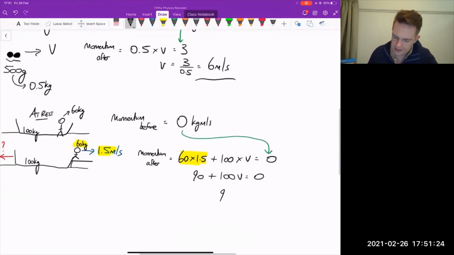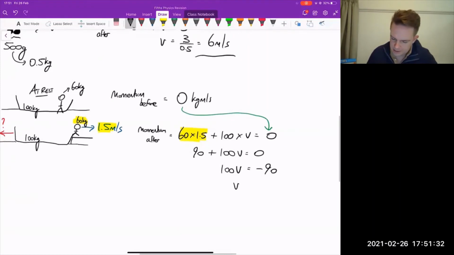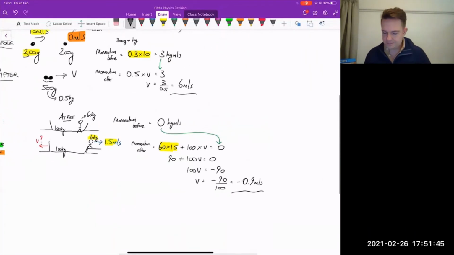So then if we rearrange that, we get 100V equals, we subtract 90 from both sides. And so we get V is minus 90 over 100, which is minus 0.9 meters per second. So it does move.